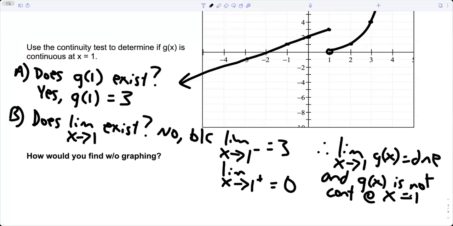And then I go through the continuity test. But let's say I didn't have a graph. Let me go through the continuity test, okay? Part A would be g of 1 equals, what's g of 1?